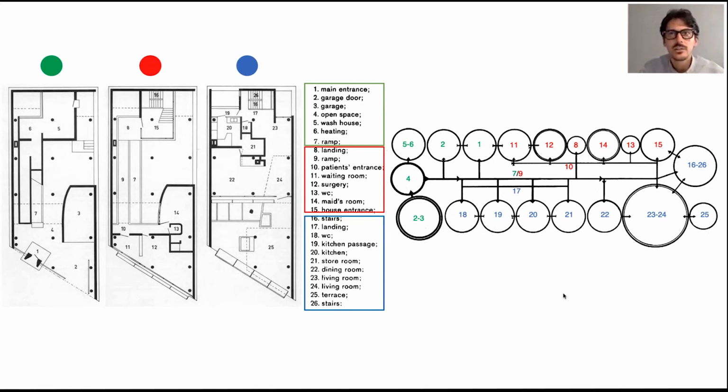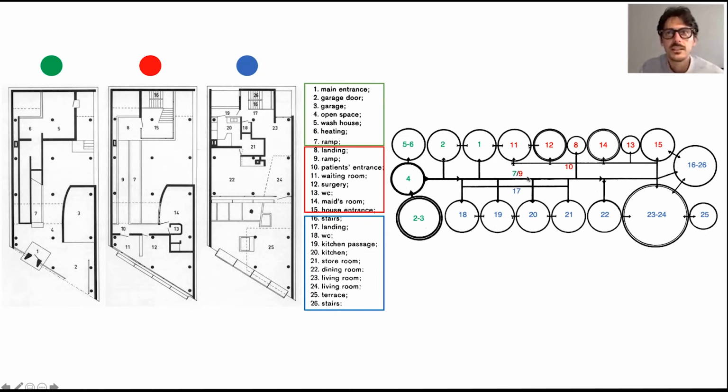So first of all, I decided that all the circles on this side would be one floor, and the other would be perhaps another floor. But then, in order to make it work, therefore to find a certain correspondence between this diagram and this plan, I had to select the most distributive, or connective, items from the list.